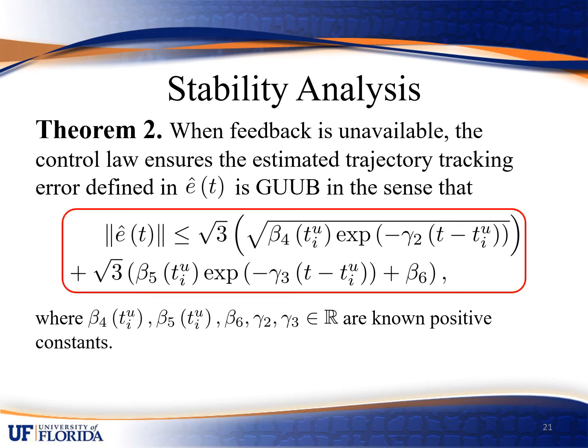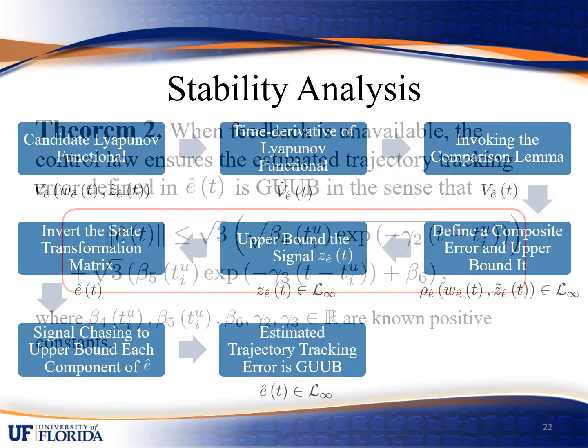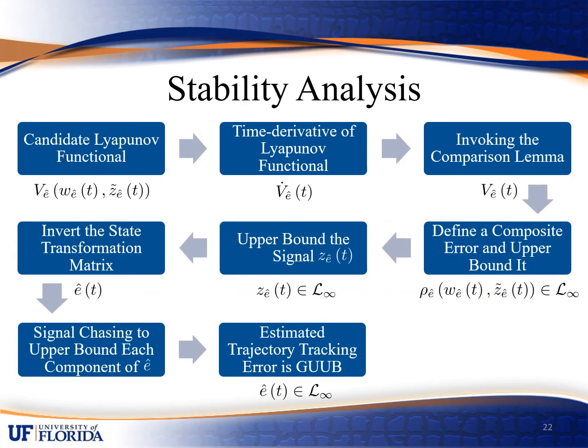Then, we can get a similar result for the estimated trajectory tracking error in Theorem 2. Similarly, the Lyapunov stability process is almost identical, except using the estimated states instead of the true states, and the estimated trajectory tracking error E hat T is proved globally uniformly ultimately bounded.